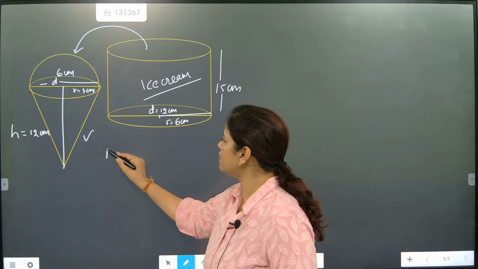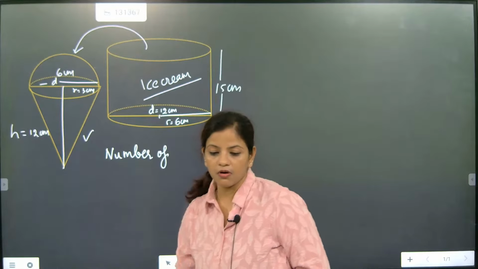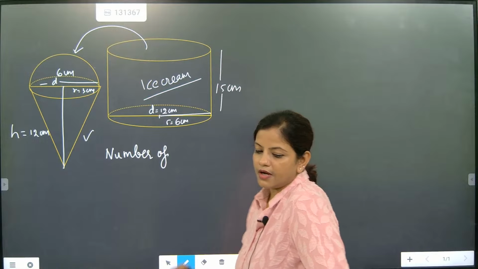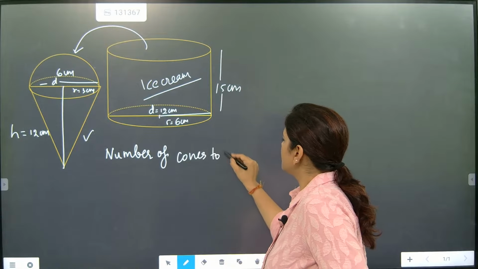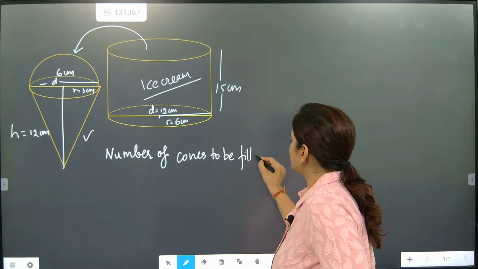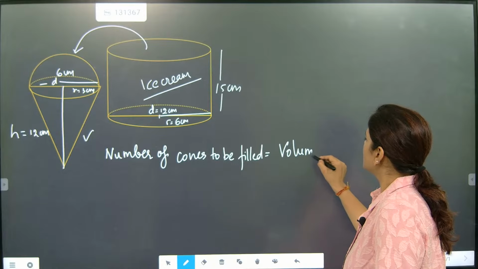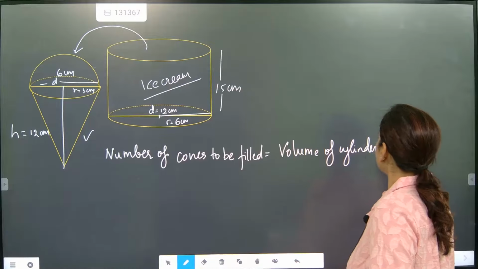So number of cones to be filled is equal to volume of cylinder having ice cream.